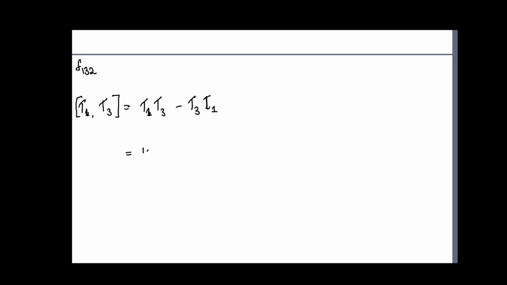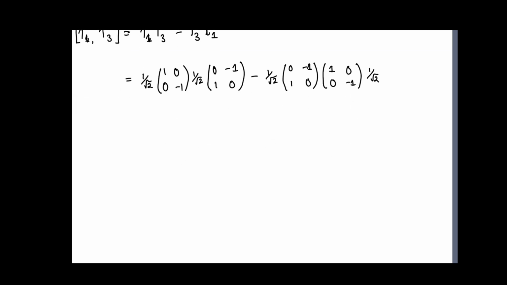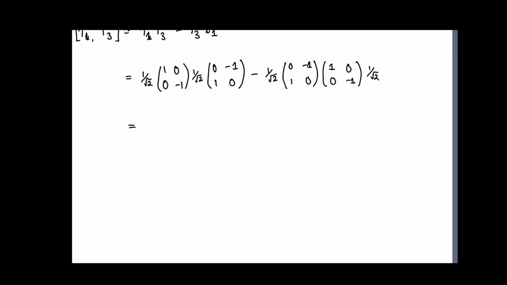So we get 1 over root 2 brackets 1, 0, 0 minus 1, 1 over root 2 brackets 0 minus 1, 1, 0 minus 1 over root 2, 0 minus 1, 1, 0, and then 1, 0, 0 minus 1, and that's also times by 1 over root 2. So 1 over root 2 times 1 over root 2 is a half, and now if we multiply the matrices, we get 0 minus 1 minus 1, 0. Doing the same with the other set, we get a half, brackets 0, 1, 1, 0.